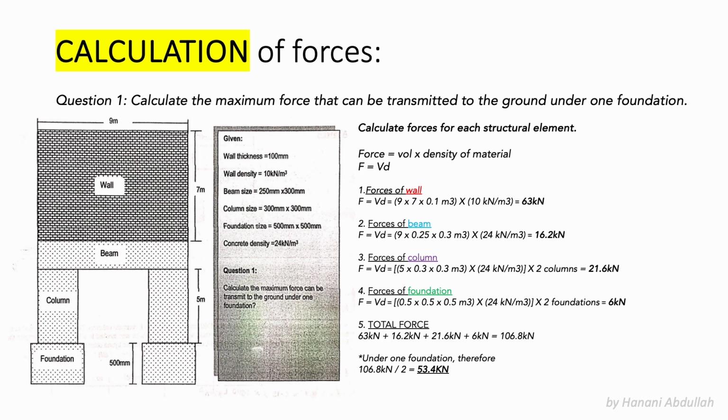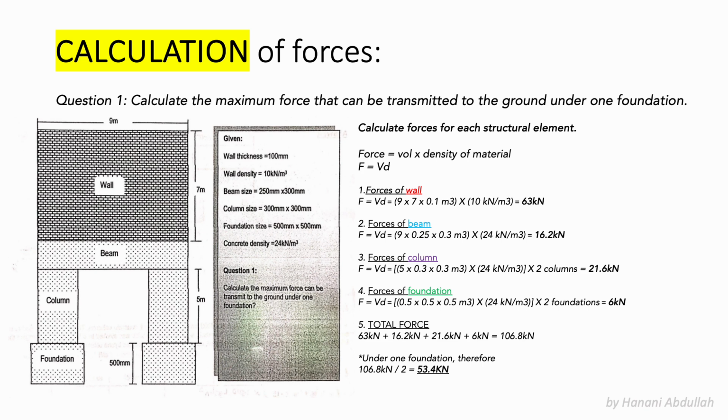Kita start dengan force untuk structure yang pertama, which is force of wall. So the formula used is volume times density. The volume for the wall, so dia punya size wall 9 meter, tinggi wall 7 meter, and then dia punya thickness of wall is 100 millimeter.